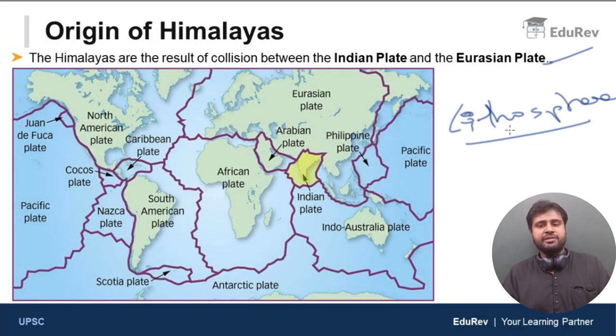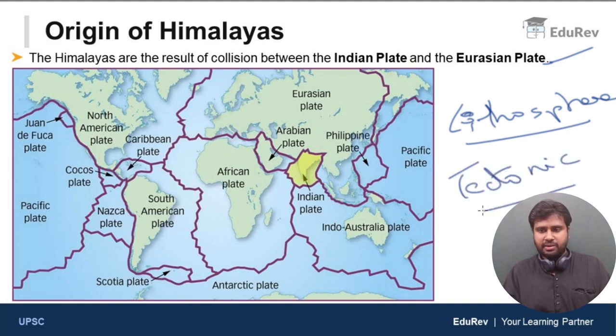The entire lithosphere is broken down into multiple tectonic plates. We know that the lithosphere is solid, right? So, the solid lithosphere is broken down into many tectonic plates. Some tectonic plates are major: the Eurasian plate, African plate, Indo-Australian plate, Pacific plate, South American plate, and North American plate are all major, or large, tectonic plates.